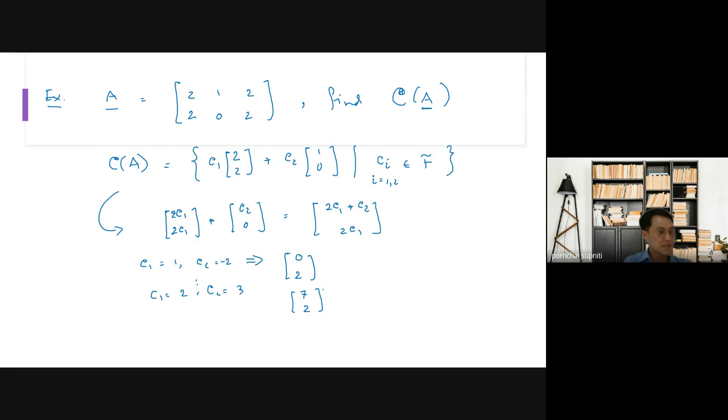So this is an example. And similarly, we can define the row space as well. So we have the column space, and now we have the row space. For the row space, we define it differently. Let me give you a matrix with rows 1, 3, then 2, 1, and then 4, 7.